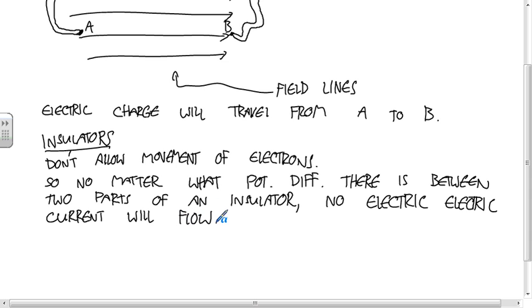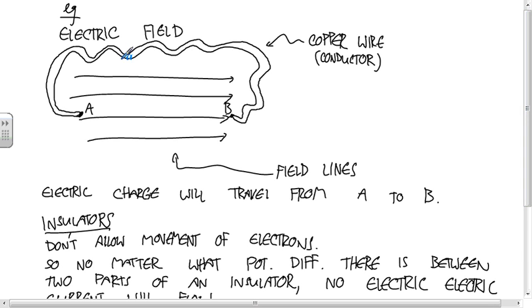So examples of insulators are rubber, styrofoam, and so if instead of being made out of copper wire, this was made out of styrofoam, no matter how strong this electric field was, you wouldn't get any motion through this of electrons.